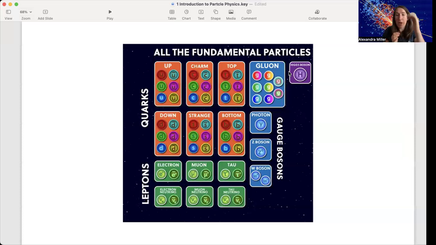So we have a red down, a green down, a blue down, and then the 3 anti-downs as well. And so in some senses, we have a lot more quarks than you would otherwise think. So 6 times 6, so 36 quarks. A lot of quarks, actually, when you include all of the different colors and the anti-quarks.